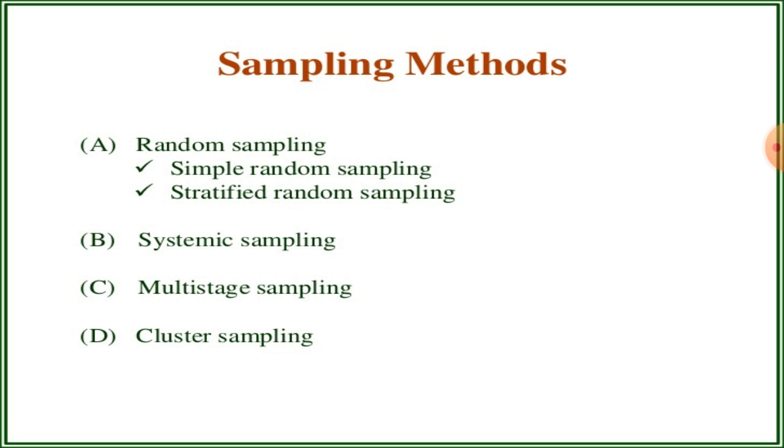Next are the sampling methods. There are four main sampling methods: random sampling, systematic sampling, multistage sampling, and cluster sampling. The first main type is random sampling, which is further divided into two types: simple random sampling and stratified random sampling.